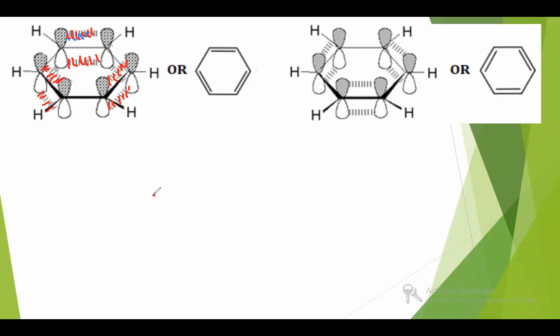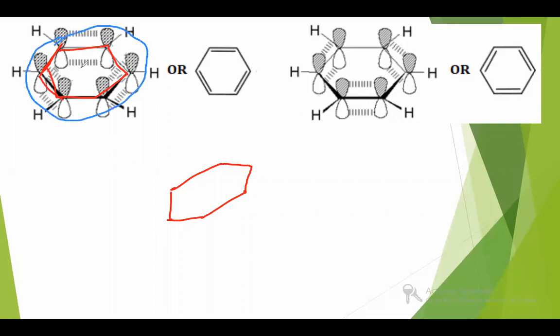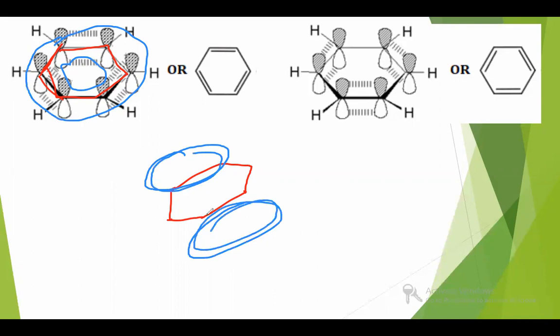In the middle, carbon, carbon, carbon, carbon, six members. Here there is carbon, and I have written carbon, carbon, carbon, with above and below a complete electron density cloud.